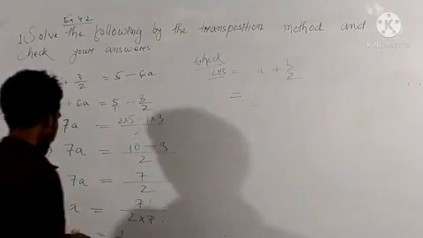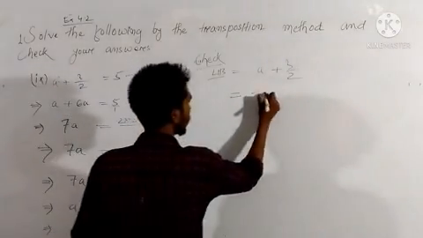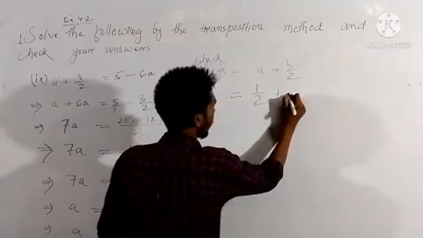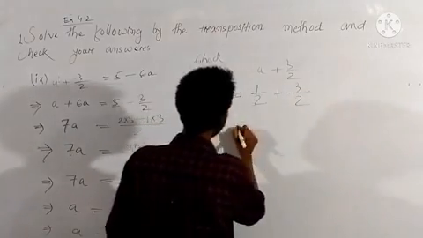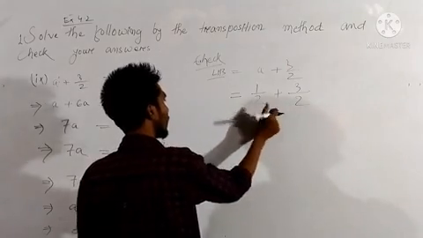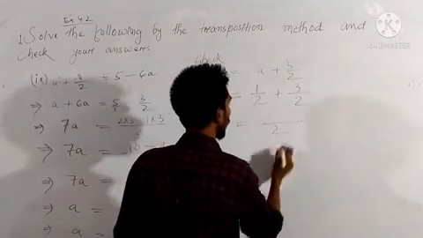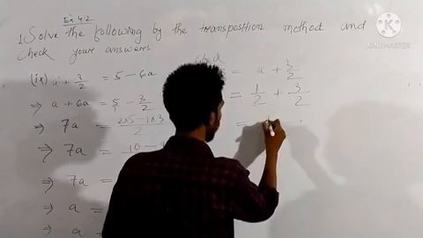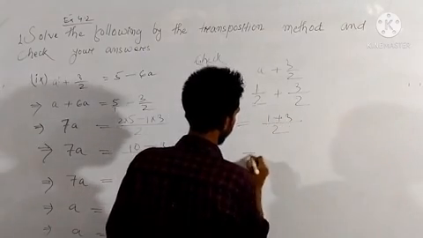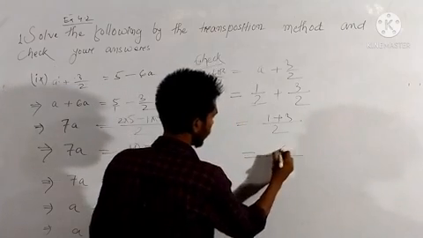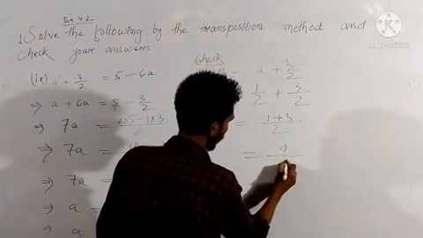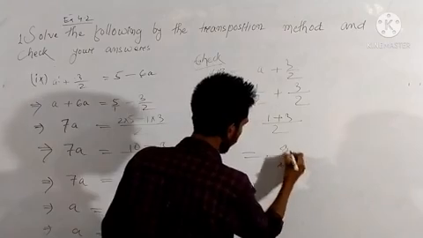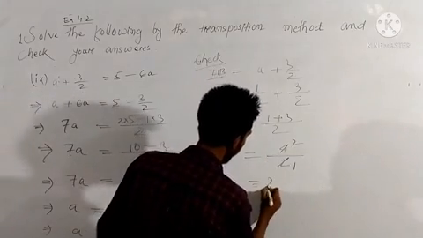The value of a we get is 1 by 2, added with 3 by 2. From these two numbers the LCM will be 2, and adding 1 plus 3 we get 4 by 2. Calculating, 2 1s are 2, 2 2s are 4. The answer will be 2.